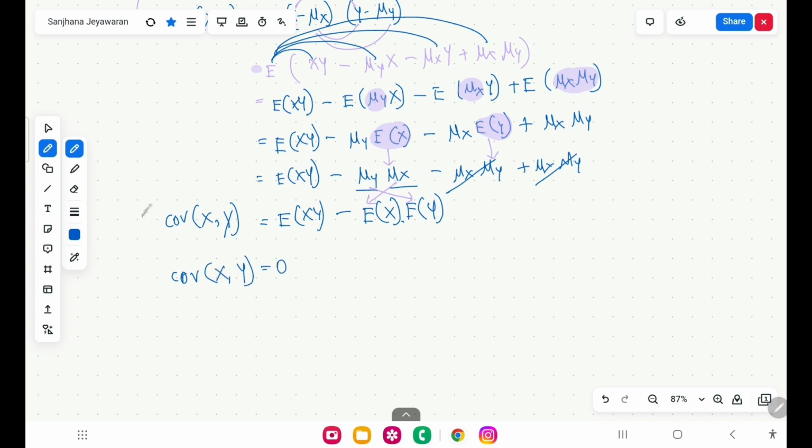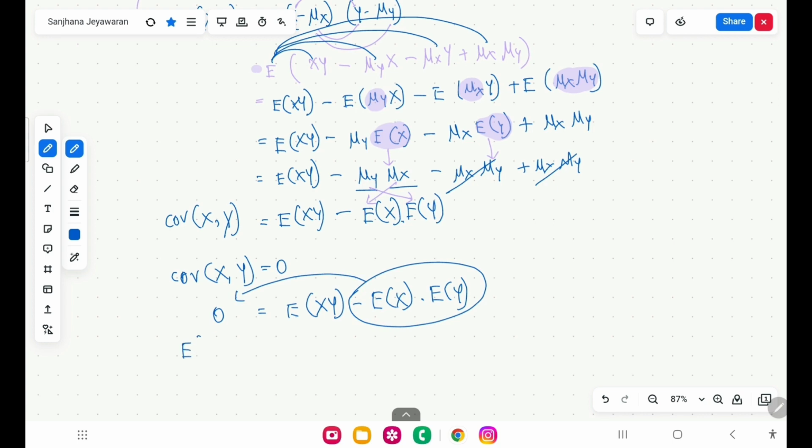So if this part of the formula is equal to 0, I can bring this onto this side basically, and I can write it as expectation of xy is equal to the expectation of x into expectation of y.